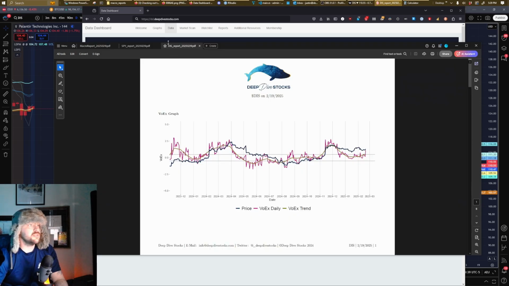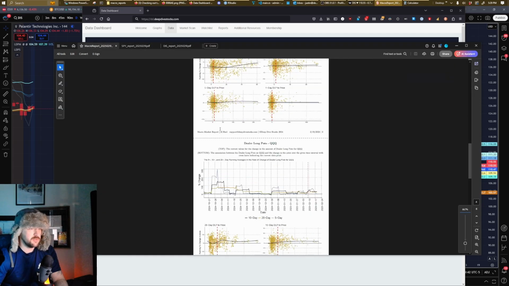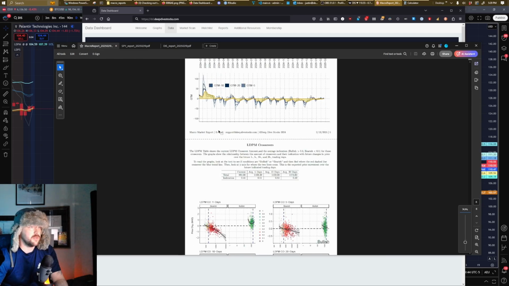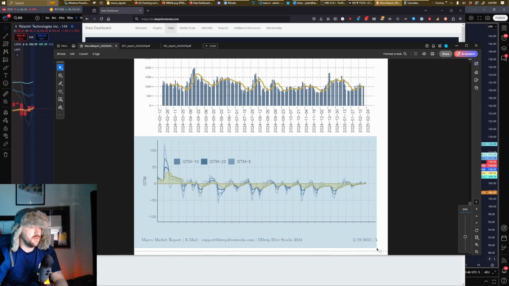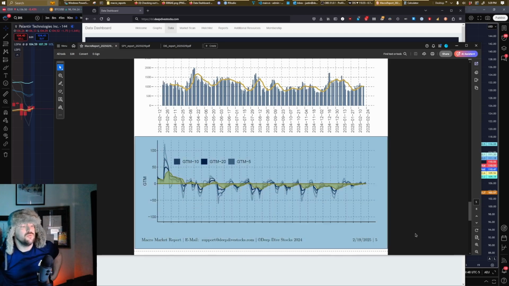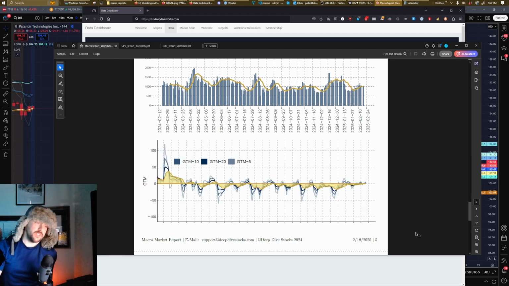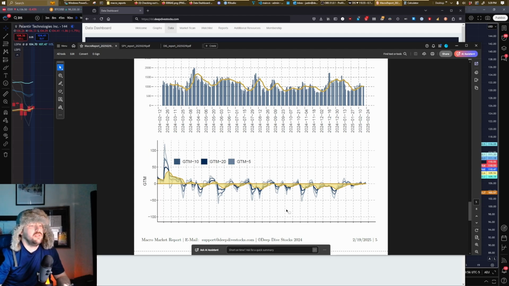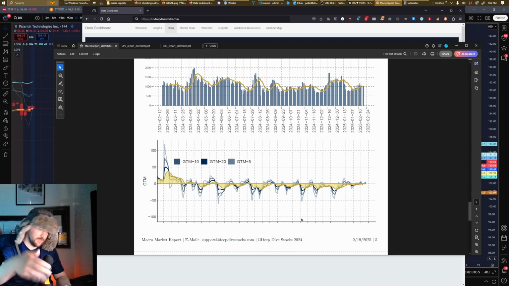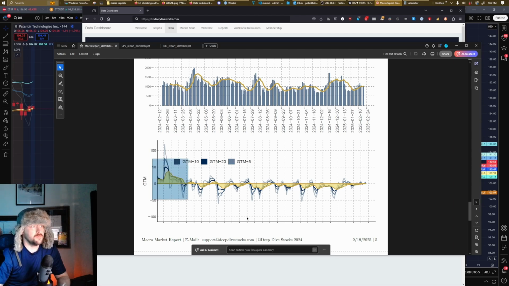GTM is the gamma trend metric. So it's this guy down here. And its job is to indicate to us what is the predominant flow of net gamma heading into the market. And so when it's negative, that tells us that the flow of gamma into the market is short, and when it's positive, that means it's long.